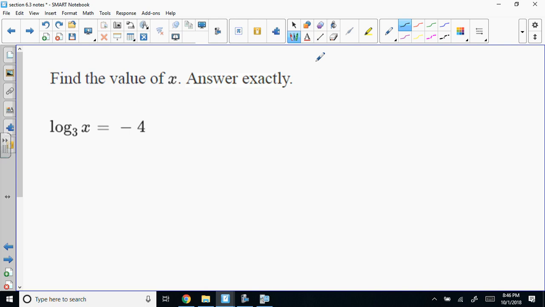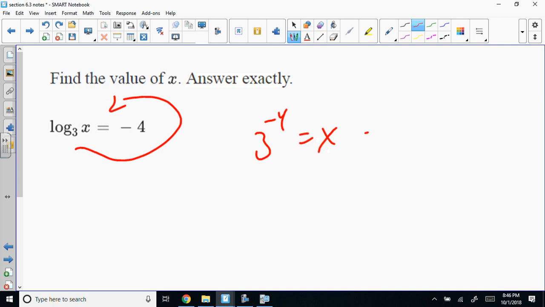Well, here, guys. 3 raised to negative 4 equals what? 1 over 81, right? Correct. It's a negative exponent, right? So that would flip it down.